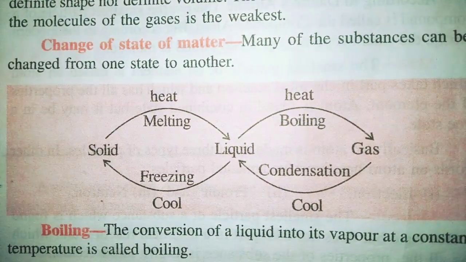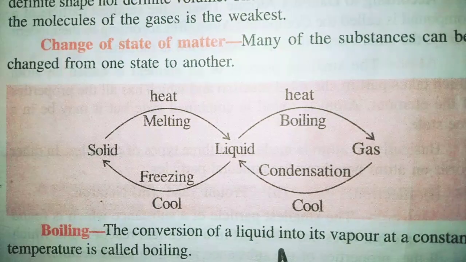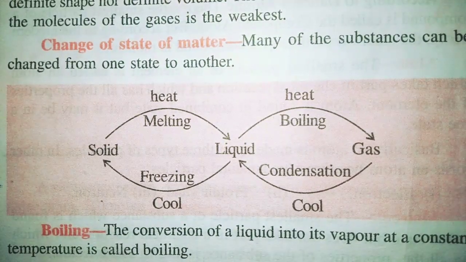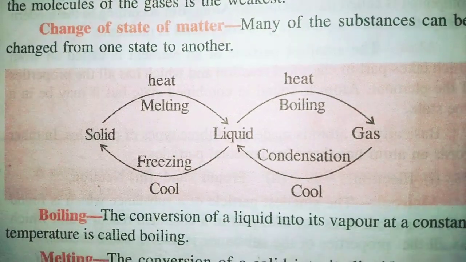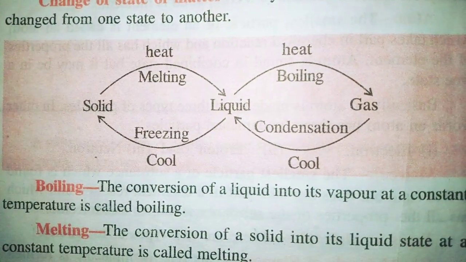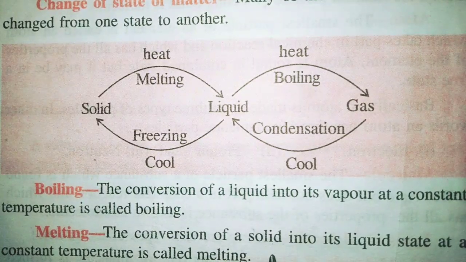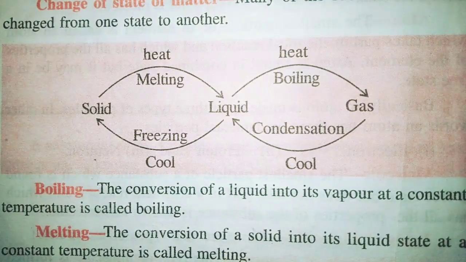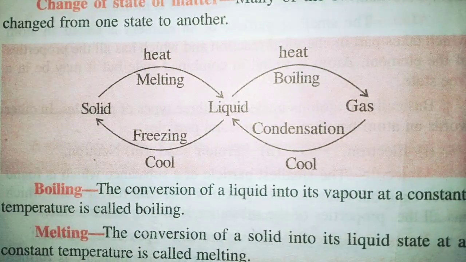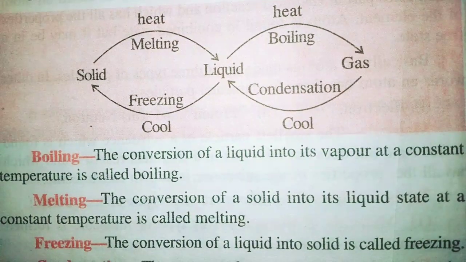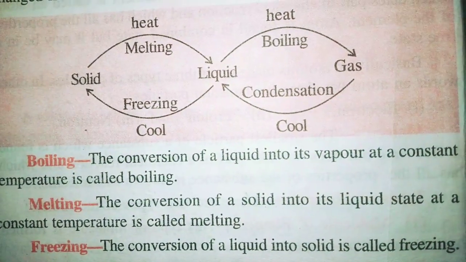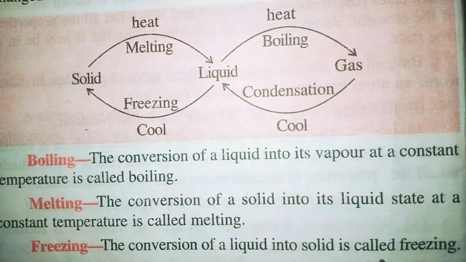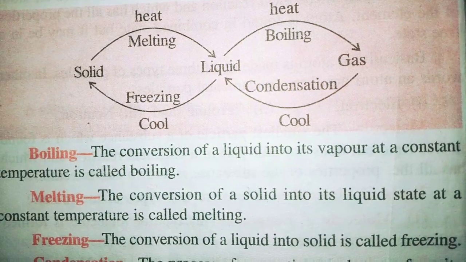Boiling. The conversion of a liquid into its vapor at a constant temperature is called boiling. Melting. The conversion of a solid into its liquid state at a constant temperature is called melting. The conversion of a liquid into solid is called freezing.